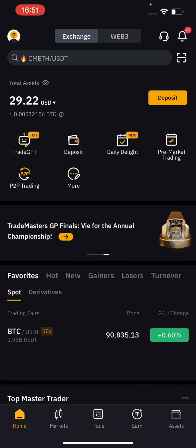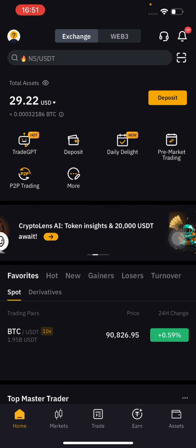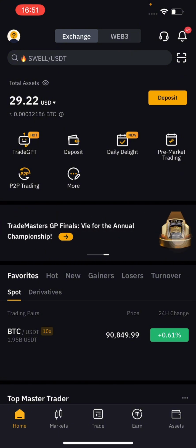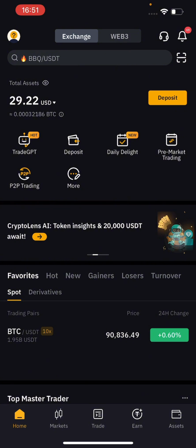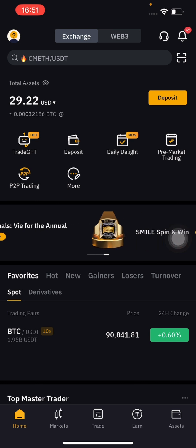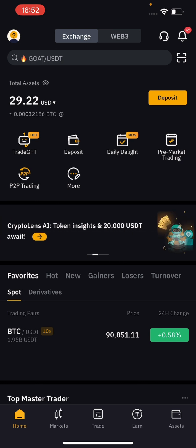So the first thing you have to do when you want to start with your spot trading is deposit money into your Bybit exchange. If you don't yet have a Bybit account, I have a video on how to create a Bybit account. First of all, you head straight to the description section. I have a link there. You use that link to register on Bybit, create your account, verify your account, and then deposit the funds into your account.